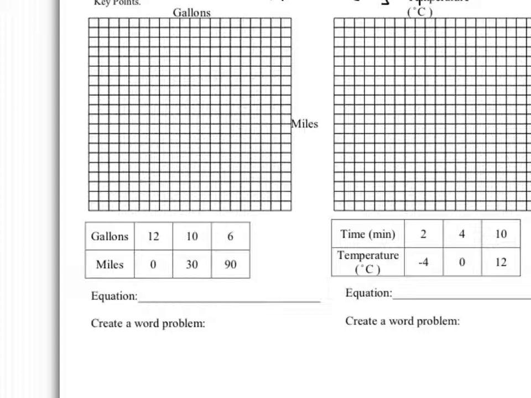Okay, so we've got to make sure that we know which of these is X and which of these is Y. You can see that you've been given labels on your coordinate grid. You haven't been given the axes yet, but you've been given the units. So which of these is X and which of these is Y?